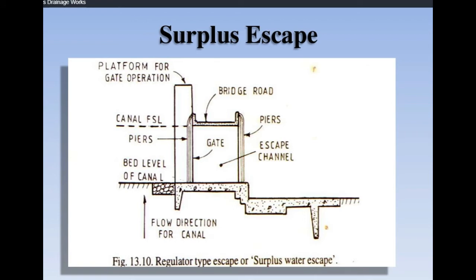That is the cross section of the surplus escape. A gate may also be provided when we do not provide a weir. So barrage type construction may also be possible for constructing a surplus escape.